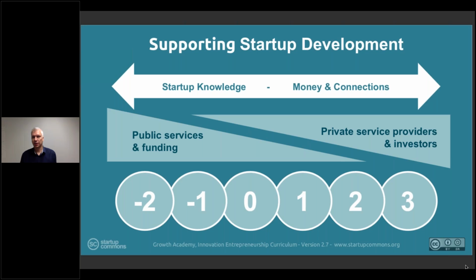When we look at startup development in the context of support functions and through these steps, it's key in the beginning to focus on acquiring the necessary knowledge as a founder and founder team, what is going to be needed in developing the whole startup from all the different aspects.